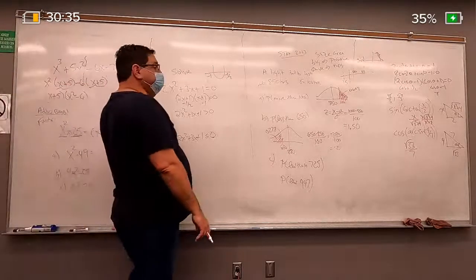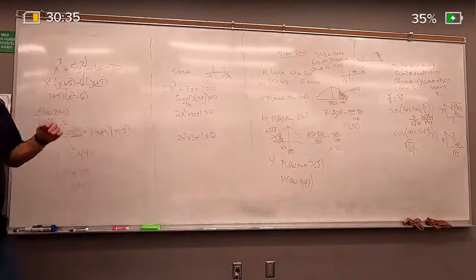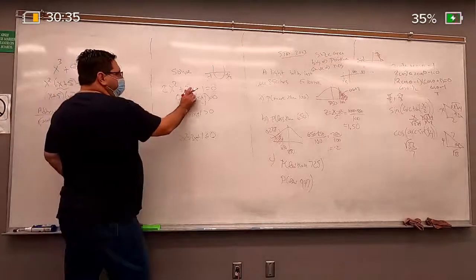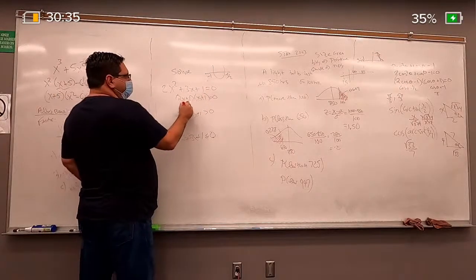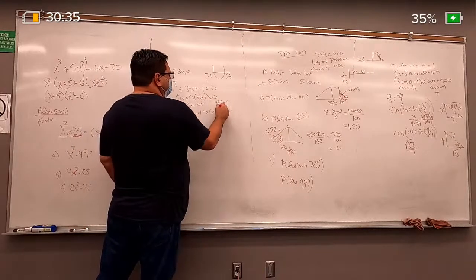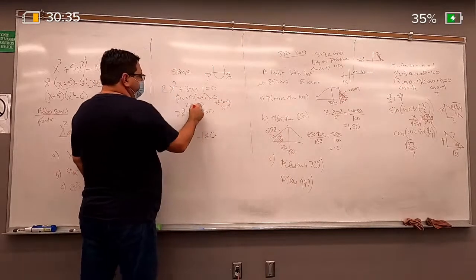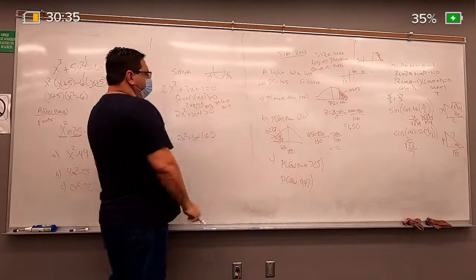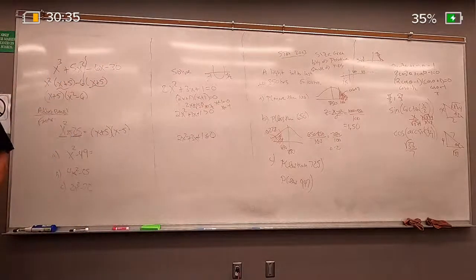Now, 2x plus 1 and x plus 1. So here's what happens, Henry. Once I factor it, I set each of these equal to 0, and I get x equals -1 and x equals -1/2.